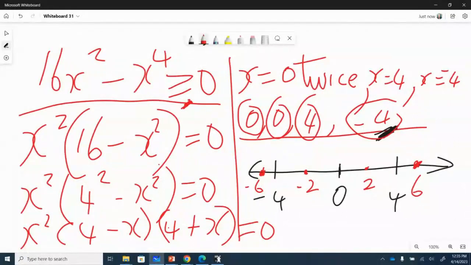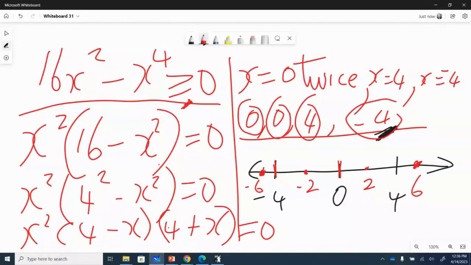Great. All right. So now I put the actual zeros on the number line, and that's negative 4, 0, and 4. Now the next step is to pick test points. Pick a test point on every interval.